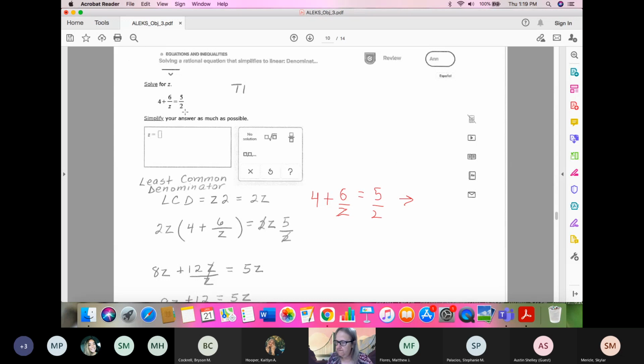So we want to find the least common denominator. So here's how we find the least common denominator. We start on the left, we go until we hit the first visible denominator, that is z. We copy that down. I put a z here for the LCD, the least common denominator. We then go and hit the next denominator, and it is 2.